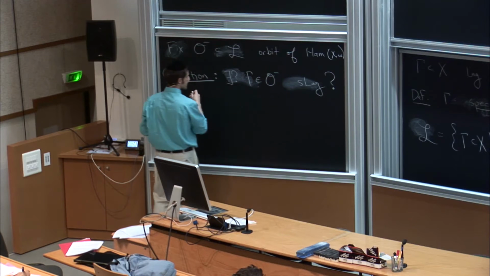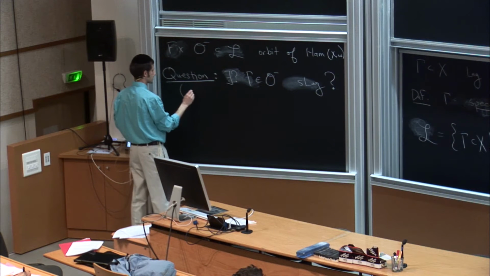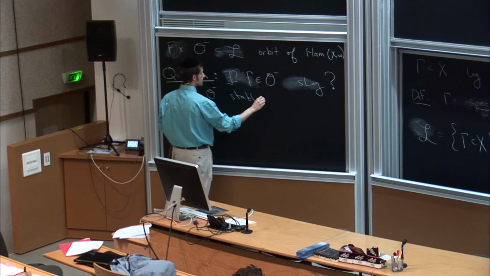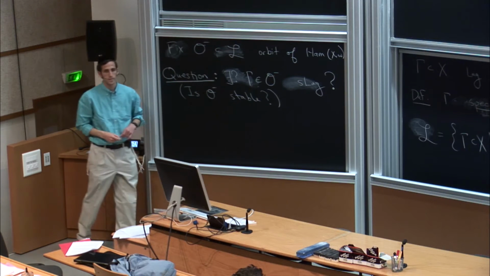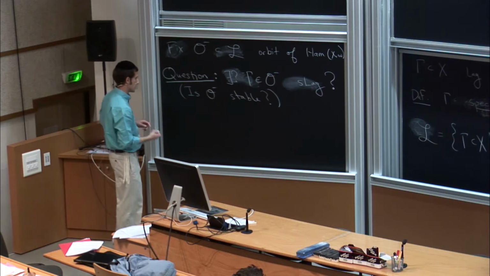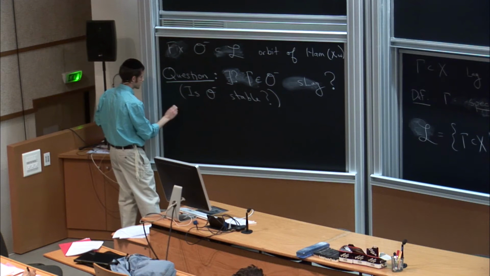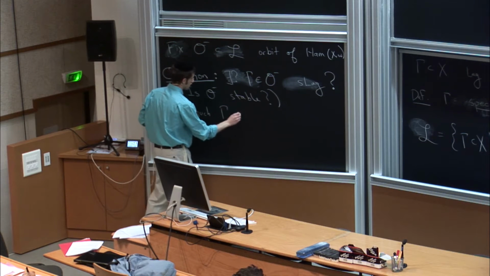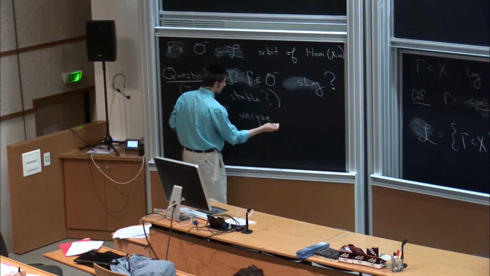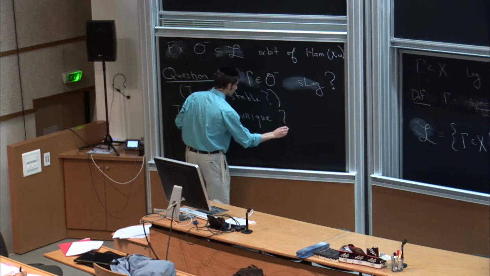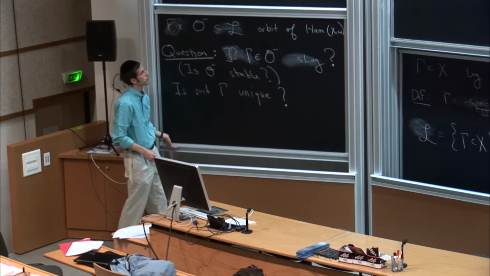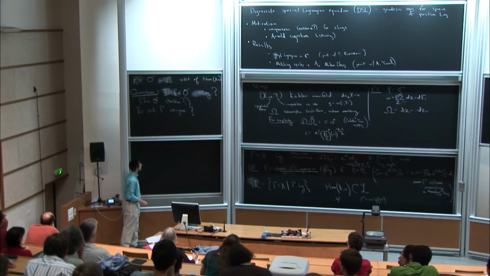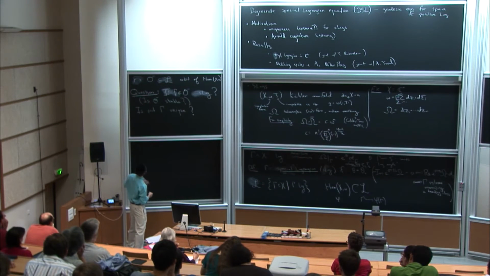People see this as some kind of stability condition, so is this orbit of Ham stable in some sense? And you can also ask, if it exists, is it unique?